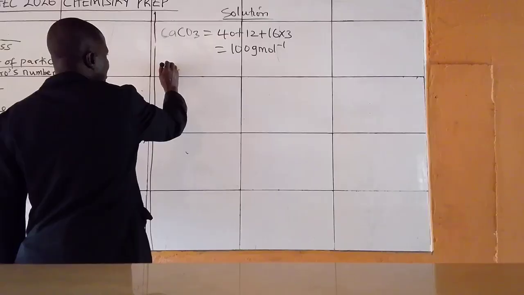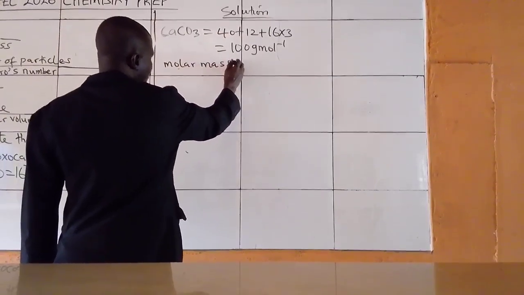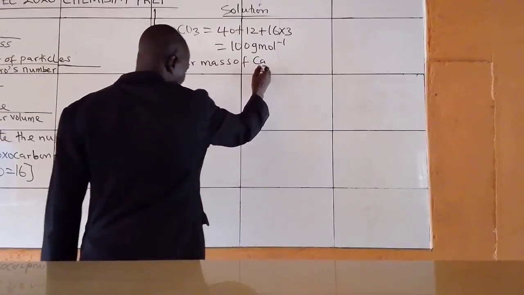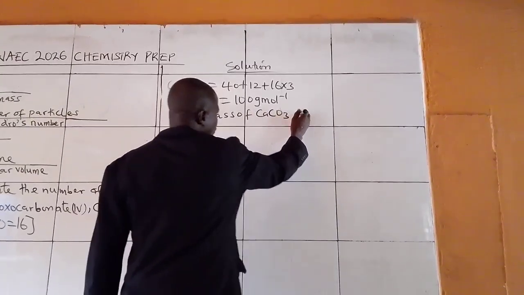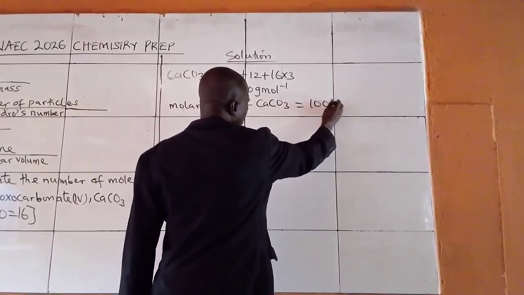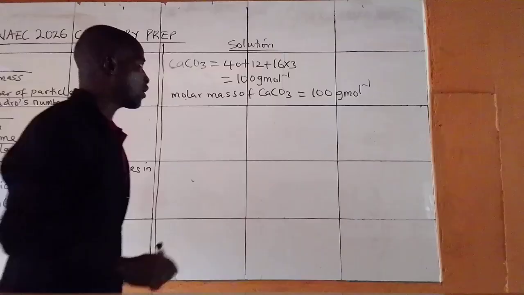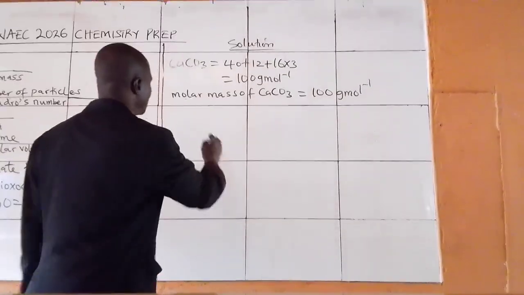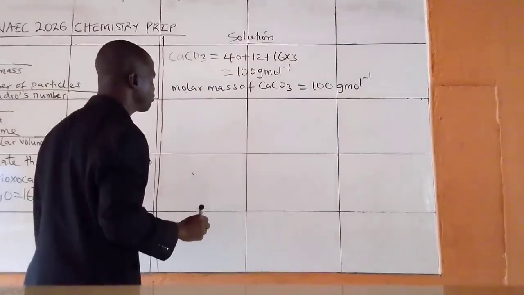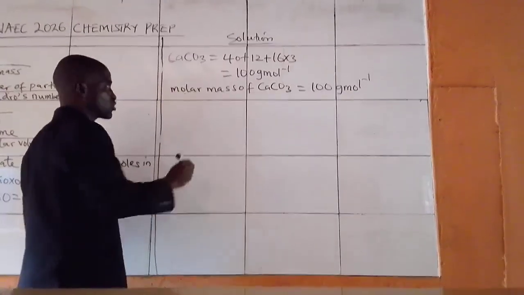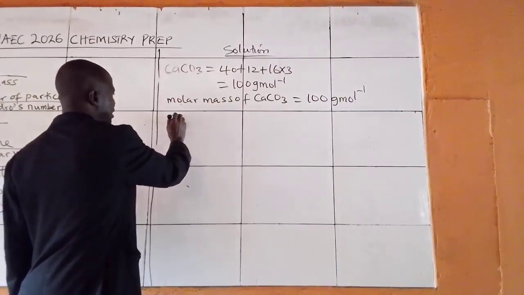This means that the molar mass of calcium trioxocarbonate(IV), CaCO3, is equal to 100 grams per mole. Now, in order to calculate the number of moles in the question, the mass given is 10 grams.